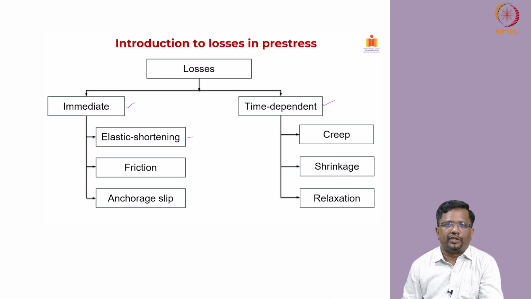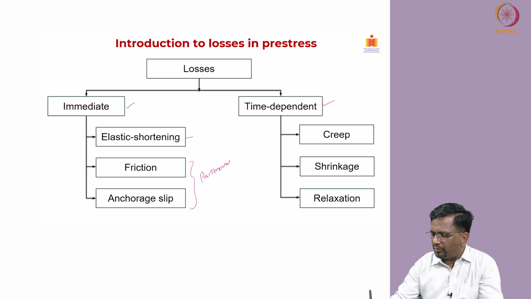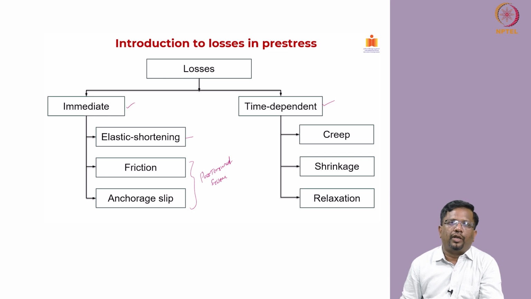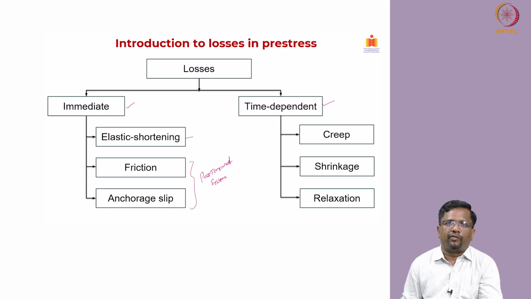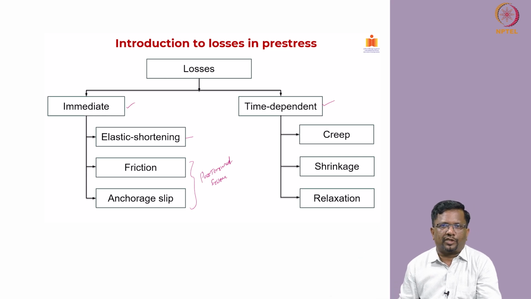Then we have friction losses. This friction and anchorage loss will come in post-tensioned systems. In the introductory module, we talked about pre-tensioning, post-tensioning and so on. In post-tensioning, we have a duct inside a concrete element. After the concrete is hardened, we push the strand or tendon through the duct and then we stress them.